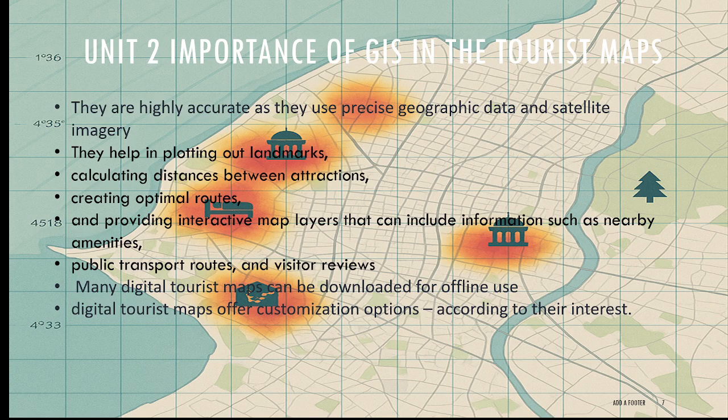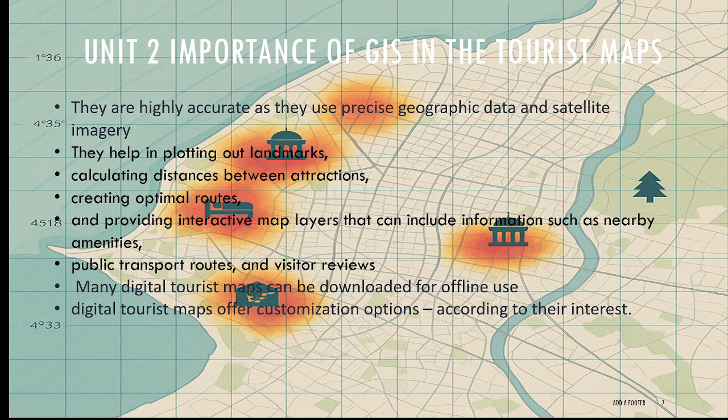They help in plotting out landmarks, calculating distance between attractions, creating optimal routes, and providing interactive map layers that can include information such as nearby amenities, public transport routes, and visitor reviews.